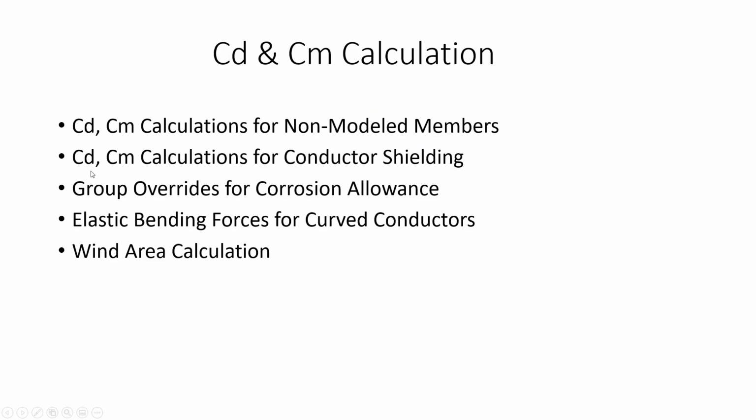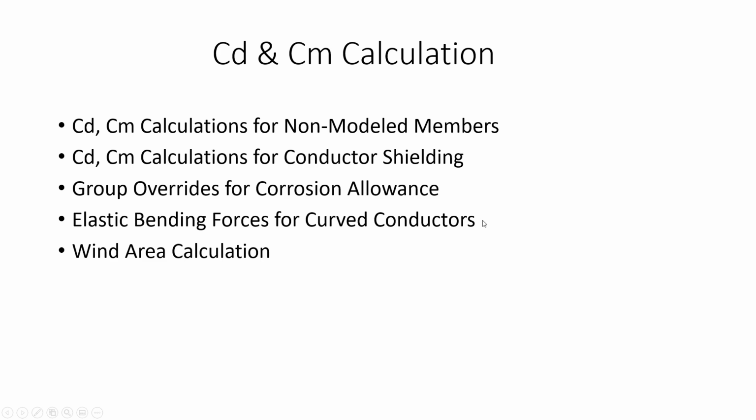Same with CDCM for conductor shielding and group override for corrosion allowance. Elastic bending force for curved conductors. Basically this elastic bending force will not come for every platform. Just to get you familiarized, I will explain what this elastic bending force is.